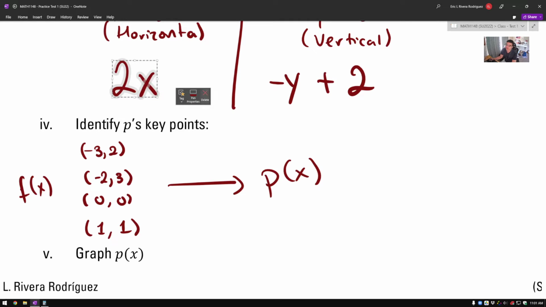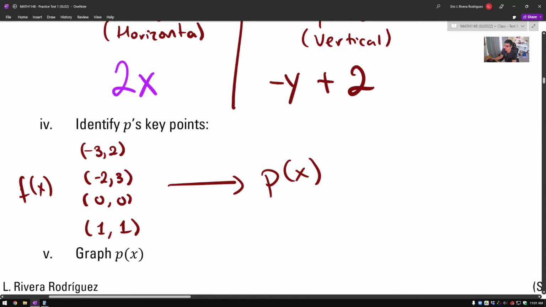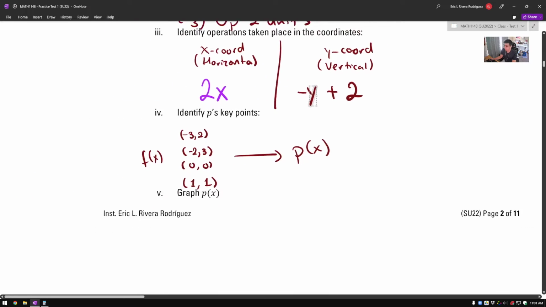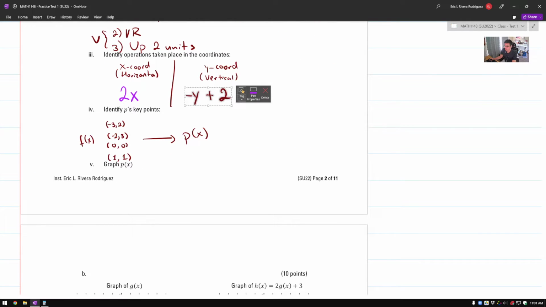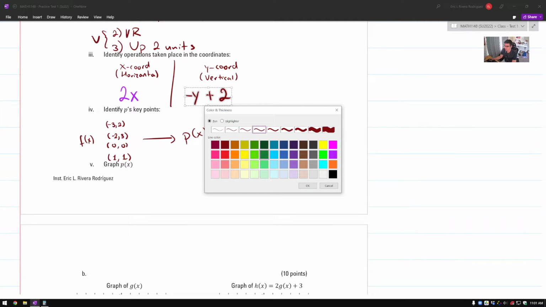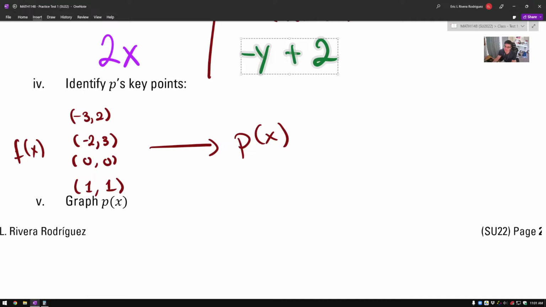And using these operations is how we are going to transform or convert or modify the coordinates.